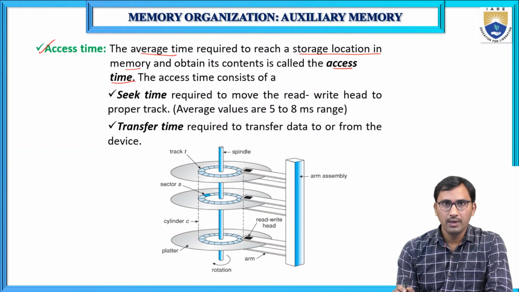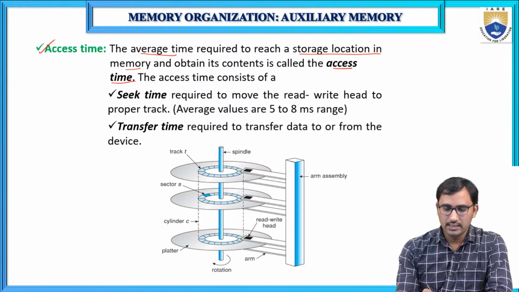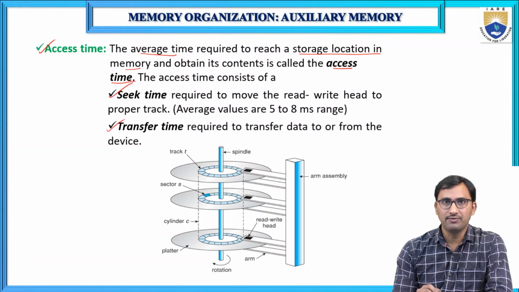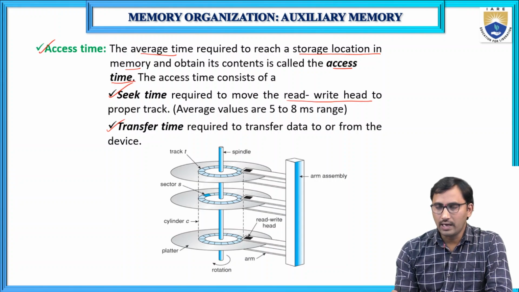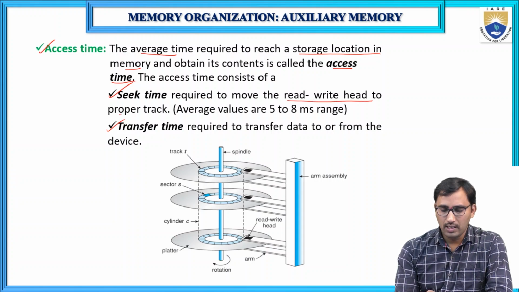This access time is a summation of seek time and transfer time. What is seek time? Seek time is the time required to move the read or write head to the proper track. And transfer time is the time required to transfer the data to or from the device.